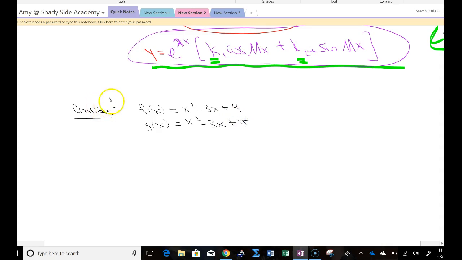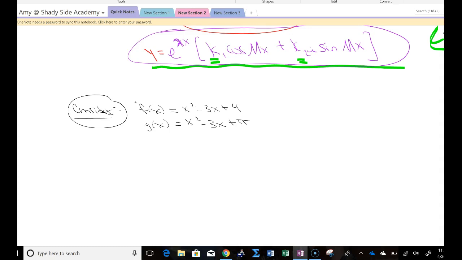I could ask you right now, are these two functions linearly independent? Can f, for example, be gotten by multiplying g by some constant factor? Other question is, could g be gotten by multiplying by some, okay, no.